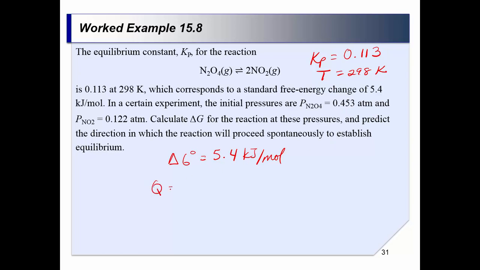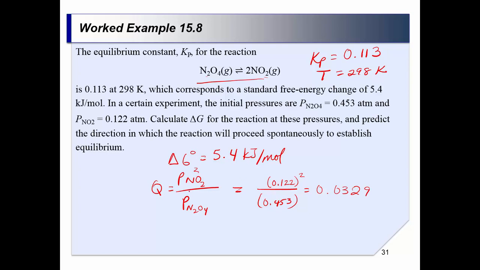Q is P of NO2 squared divided by P of N2O4, and I'm just looking up those values here. Based on those numbers, my Q value for this particular reaction is 0.0329.